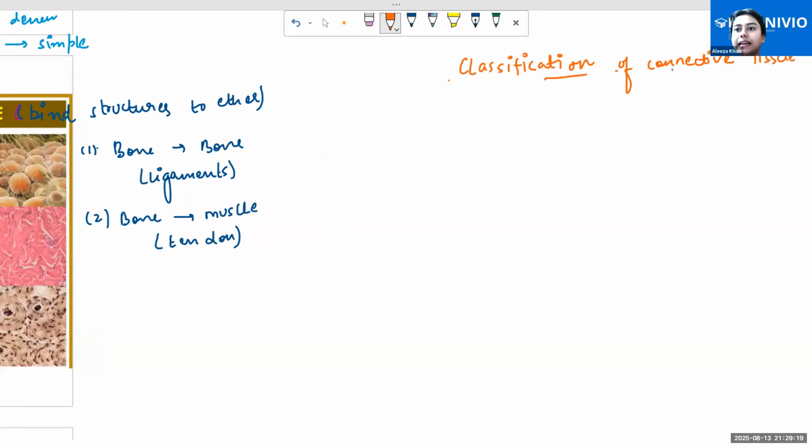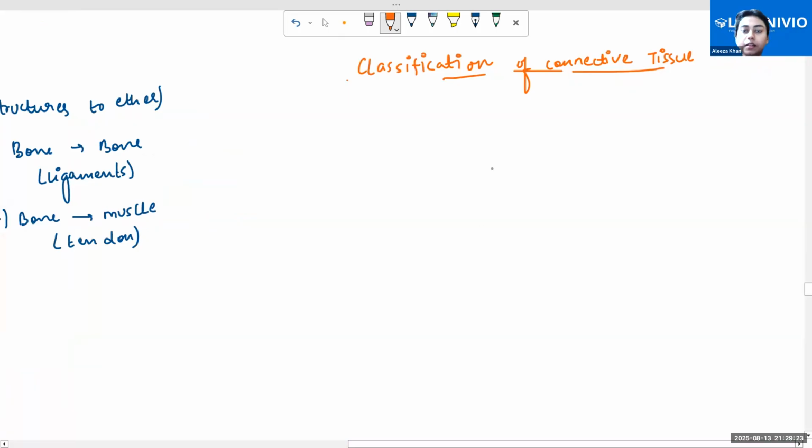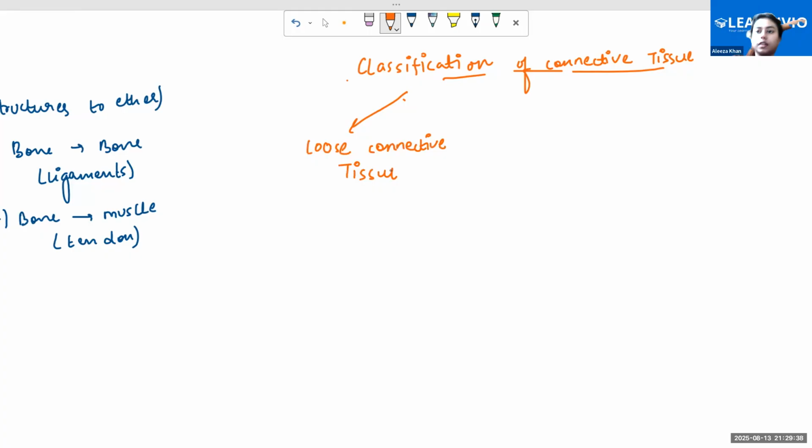So we are categorizing connective tissue into three. One is the loose connective tissue. Then we have the dense connective tissue.